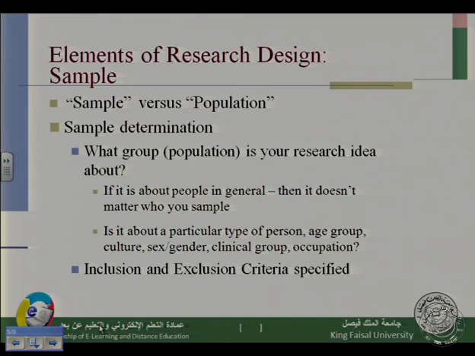Children is your population or your sample. But you need sometimes to refine your subjects. So you say, oh, well, I want only children whose native language is not English. So I want EFL or ESL learners whose mother tongue is not English.